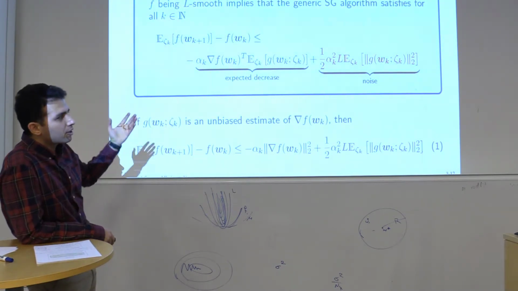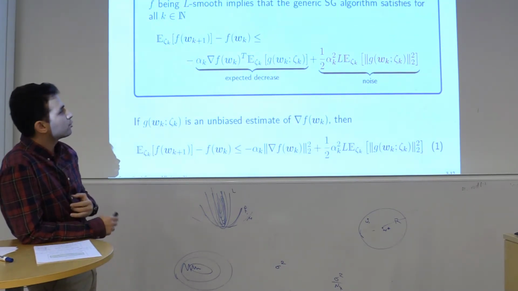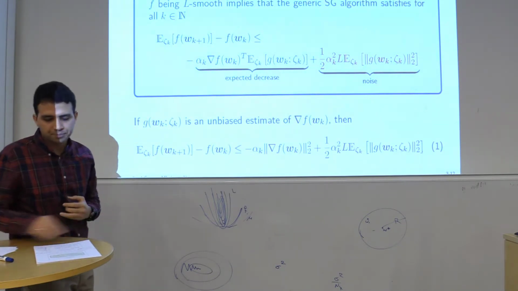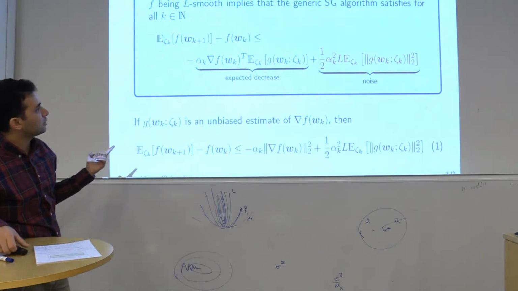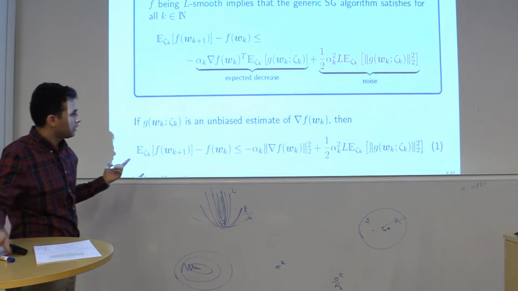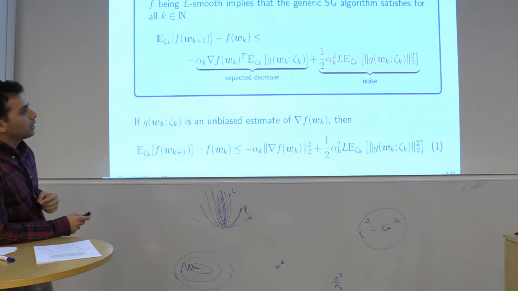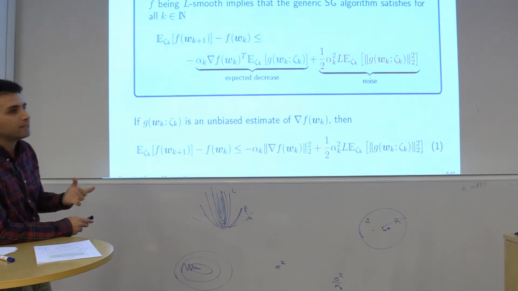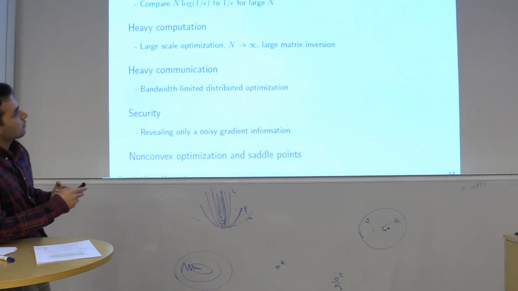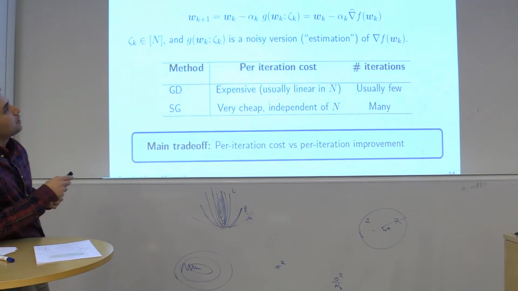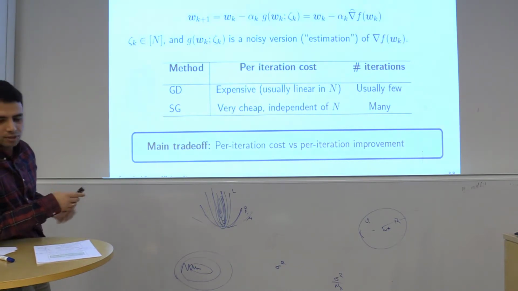All the convergence rate results, you can imagine, use essentially this inequality here. The way to show this inequality is very easy: if G is an unbiased estimation of the actual gradient, and recall that G is an estimator of this guy here. If it is an unbiased estimator, what does it mean?